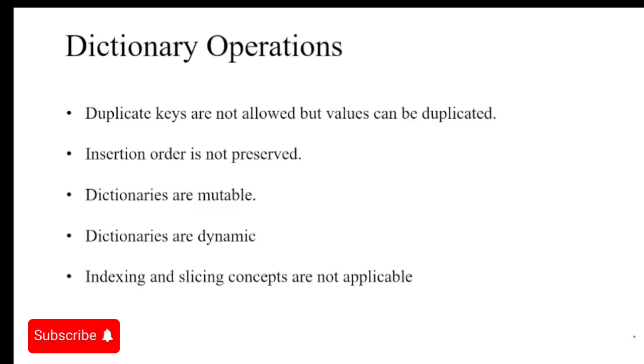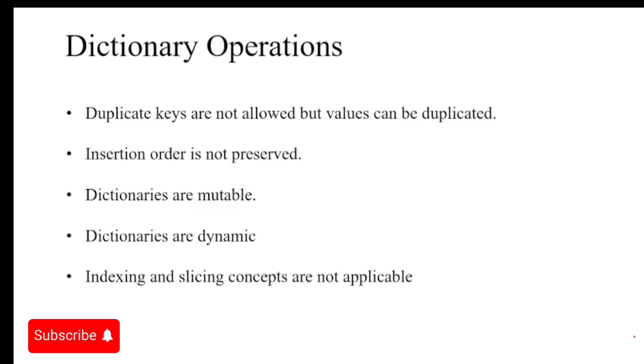Then we have dictionary operations. These are some of the features of a dictionary. Duplicate keys are not allowed, but values can be duplicate. Insertion order is not preserved. Dictionaries are mutable.